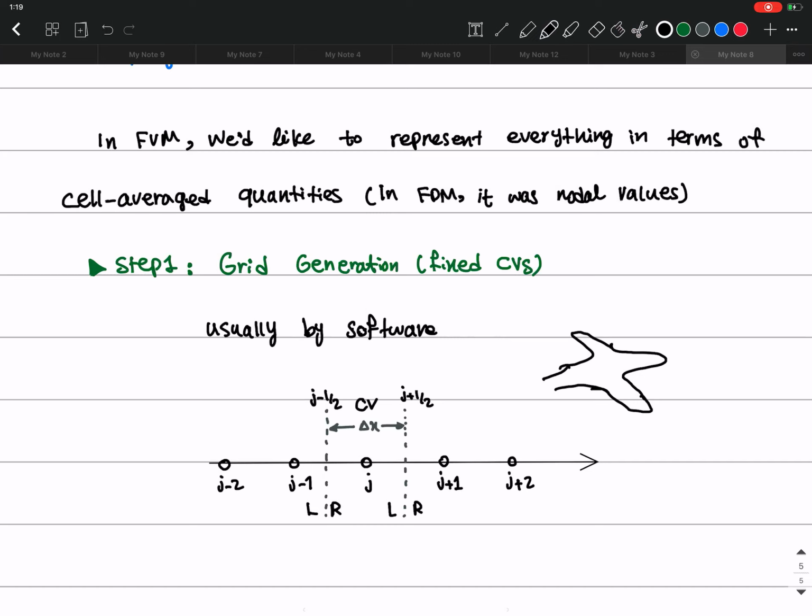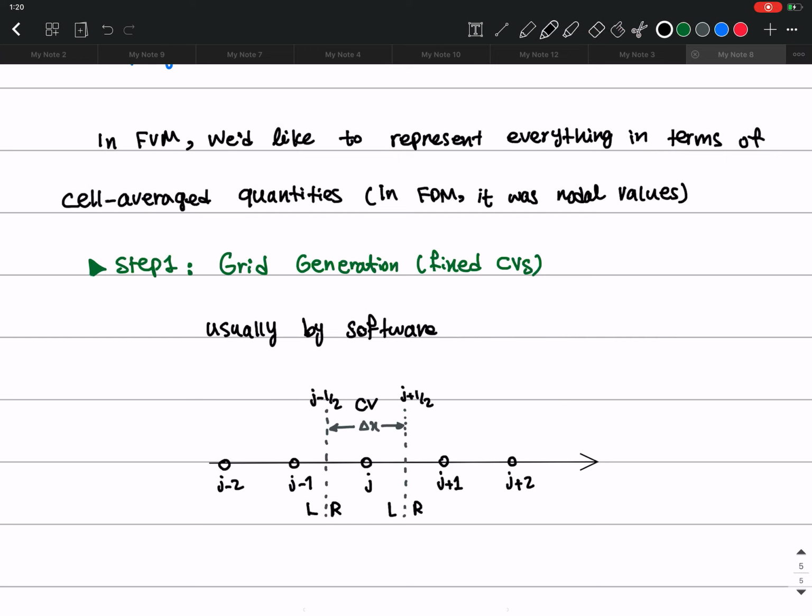If you want to generate grids on this plane, this is going to be much more challenging. And for example, near the boundaries, they usually make it finer when you have these transitional regions.